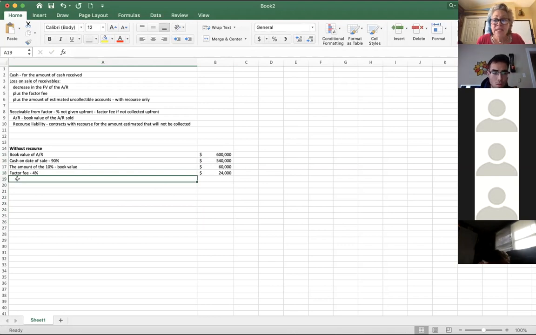Now, the last bullet, when I read it, was confusing to me. What the last bullet is saying is that after the factor has collected cash equal to the amount advanced, so they advanced $540,000, once they have collected $540,000 of their accounts receivable, then they will remit to me the 10%.